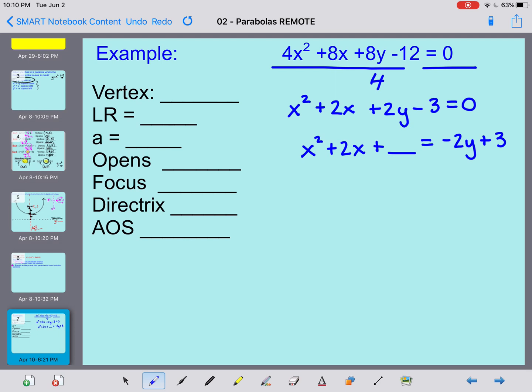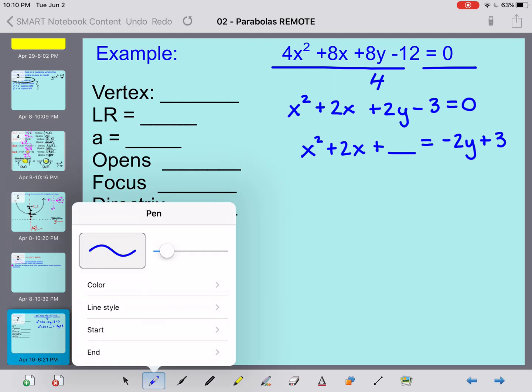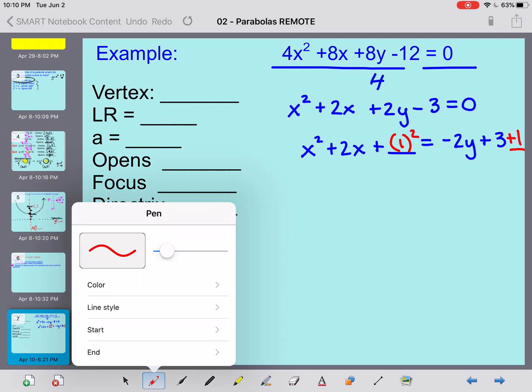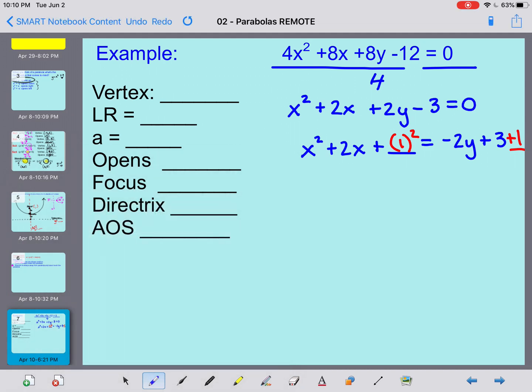The next thing I'm going to do is complete the square. So what do I add into that space to complete the square? Hopefully you're saying 1 squared. Whatever you add to one side, you have to add to the other to balance it out. I'm then going to factor this. I'm going to combine like terms on that right-hand side. And then one more thing I have to do. You need that 4A out in front.